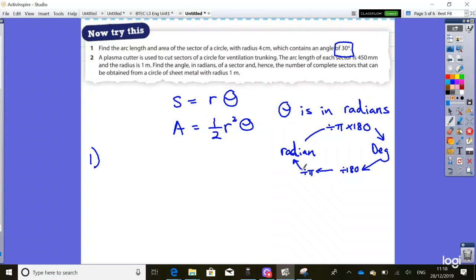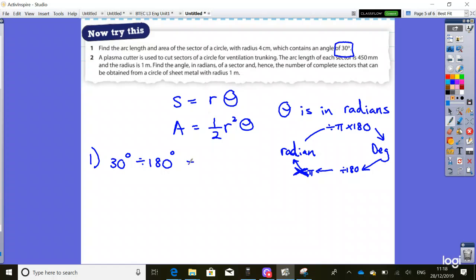Since we have 30 degrees, I'm going to have to divide by 180, and on here it's times by pi, because it's always the opposite. So the revision guide had made a mistake, it's not divide by pi, it's times.